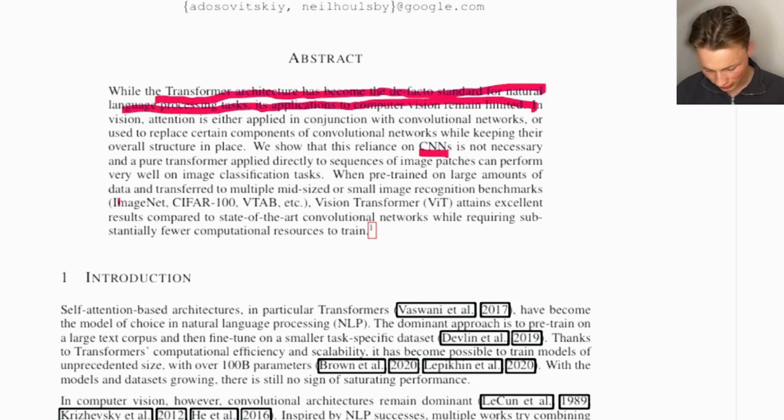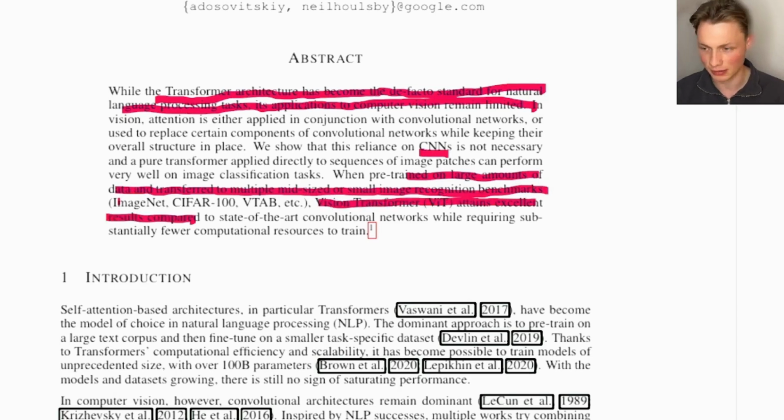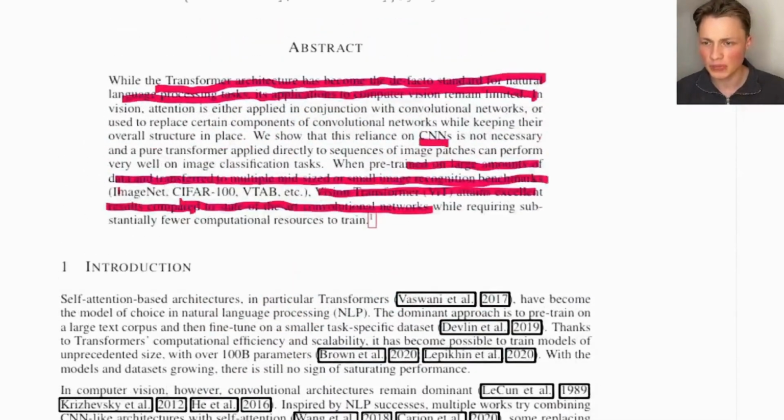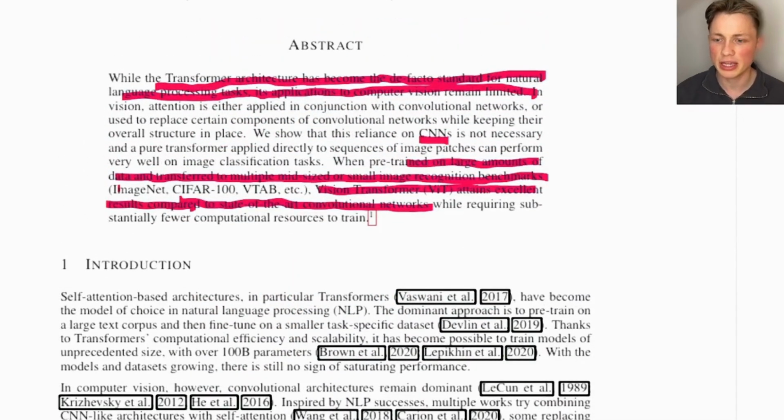So the authors are saying when pre-training on a large amount of data and transferring to multiple mid-sized or small image recognition benchmarks, the vision transformer attains excellent results compared to state-of-the-art convolutional neural networks. So what they achieved is that the vision transformer achieves good results on the vision benchmarks.